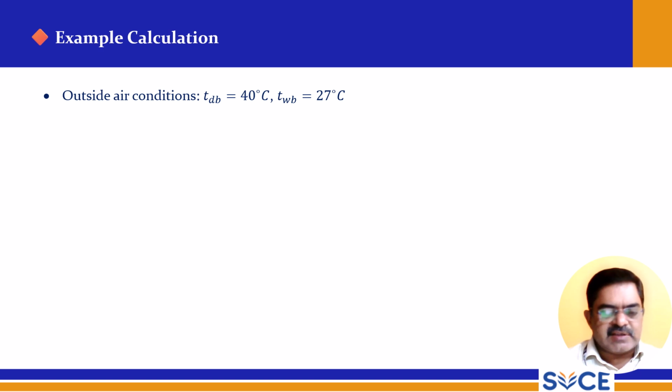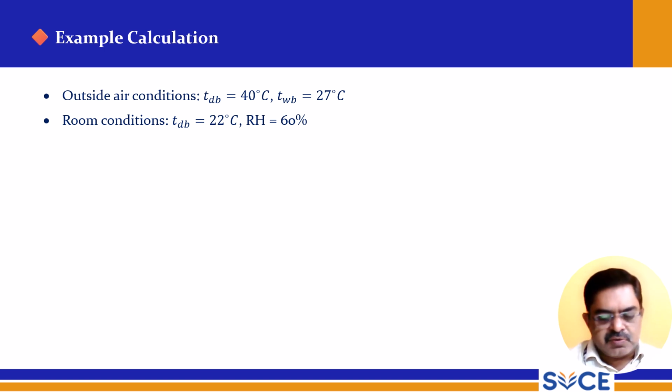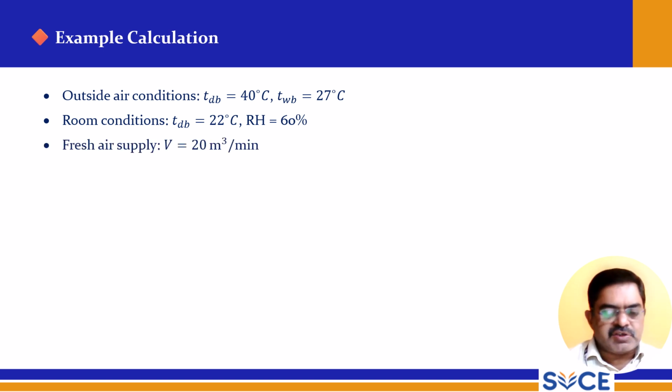So we'll see one example. Outside air conditions: TDB equals 40 degrees Celsius, TWB equals 27 degrees Celsius. Room conditions are TDB equals 22 degrees Celsius, relative humidity equals 60%. Fresh air supply V equals 20 meter cube per minute.